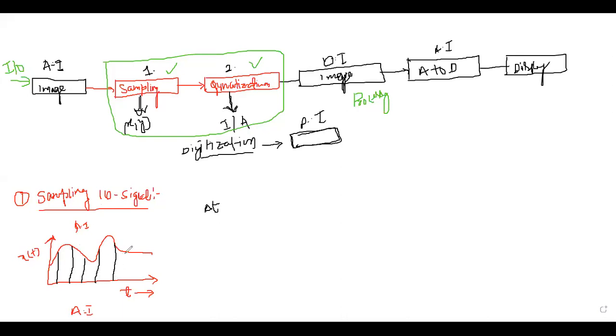Now this is my time. Start from 0. Now this will be my delta t, the first point. The second point will be 2 delta t. This will be 3 delta t. And so on. Now this will be n delta t.